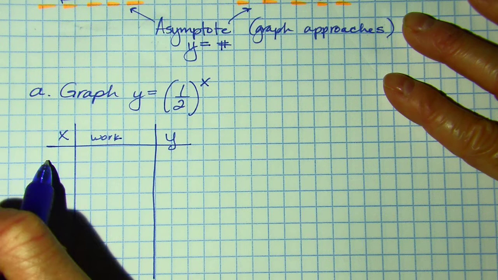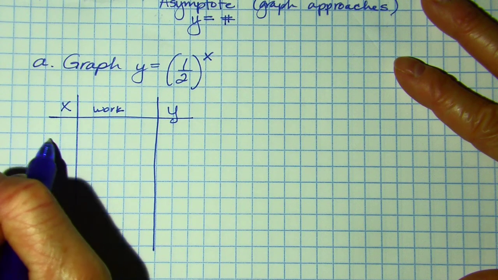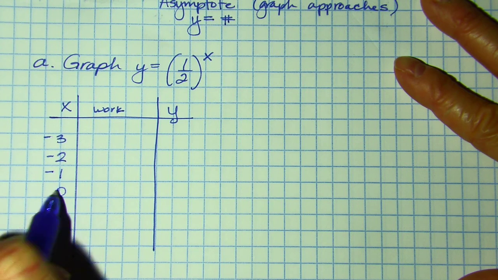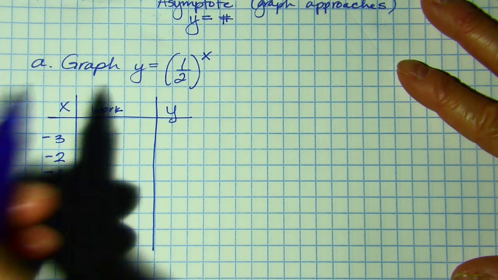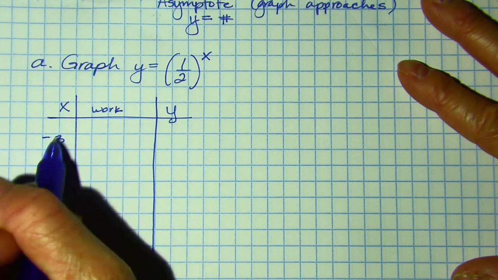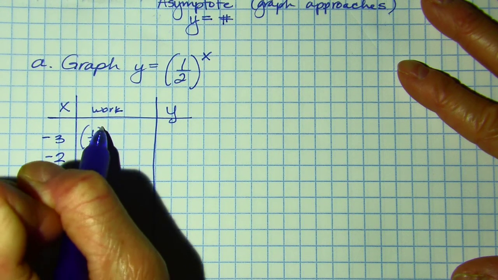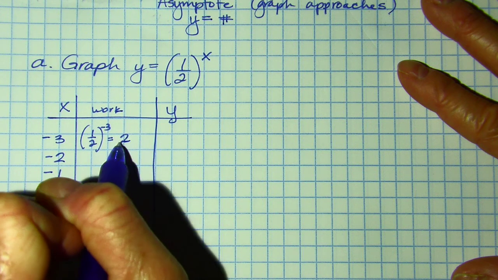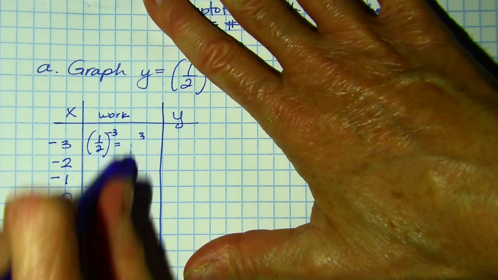Okay, it's important if you are building a table to include some negative values and some positive values. So I'm going to start with -3, plugging this in for x. So 1/2 to the -3 would mean that I would write the reciprocal, 2/1 to the third.